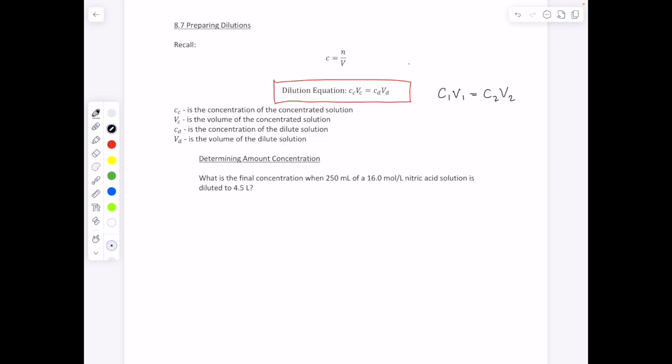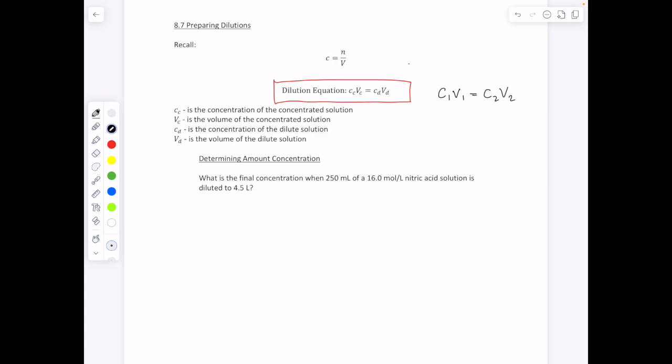Let's try an example. Determining amount concentration. What is the final concentration when 250 milliliters of a 16 mole per liter nitric acid solution is diluted to 4.5 liters?